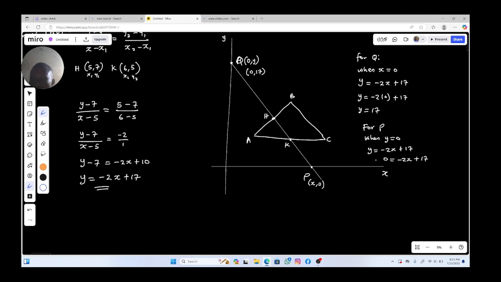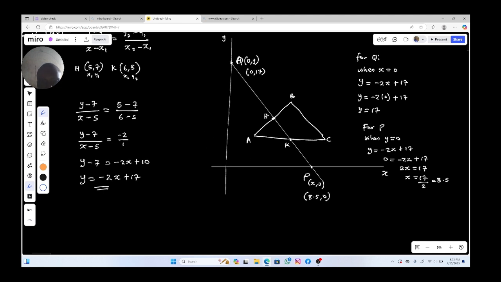This minus 2x will cross over, we have 2x is equal to 17. So x is equal to 17 divided by 2, which is the same as 8.5. So the value here will be 8.5 comma 0. So we have got that particular question.